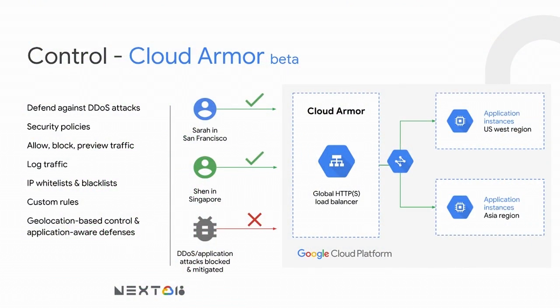Okay? In conjunction with the Global Load Balancer, we have Cloud Armor. Similarly to the Global Load Balancer, that's a mouthful, it's distributed towards the edge of Google's network, so it can absorb attacks closest to the source.